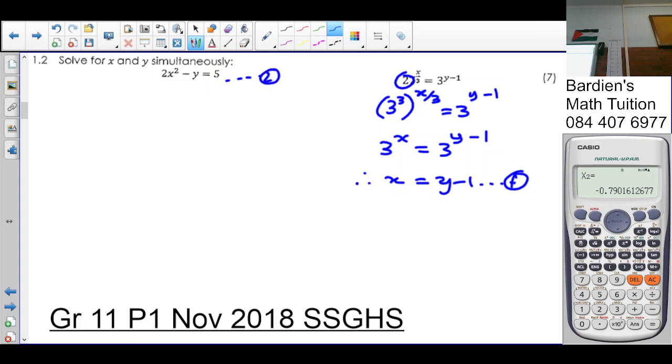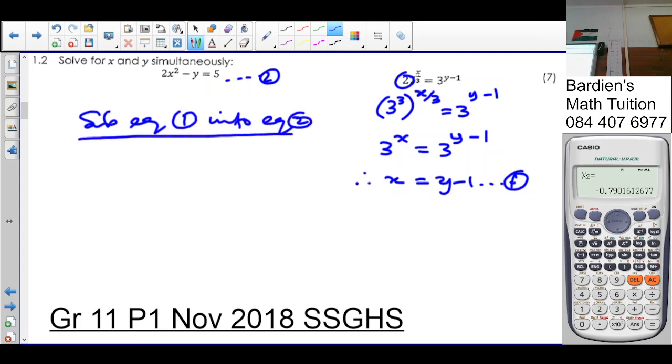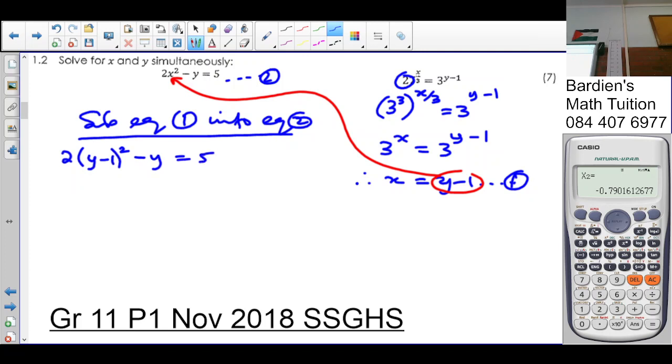And there's equation 2. Wherever I see an x, I replace it with y minus 1. So we're going to substitute equation 1 into equation 2. As you can see there, y minus 1 will be replaced there. That simply gives us 2 into y minus 1 squared, minus y, is equal to 5.